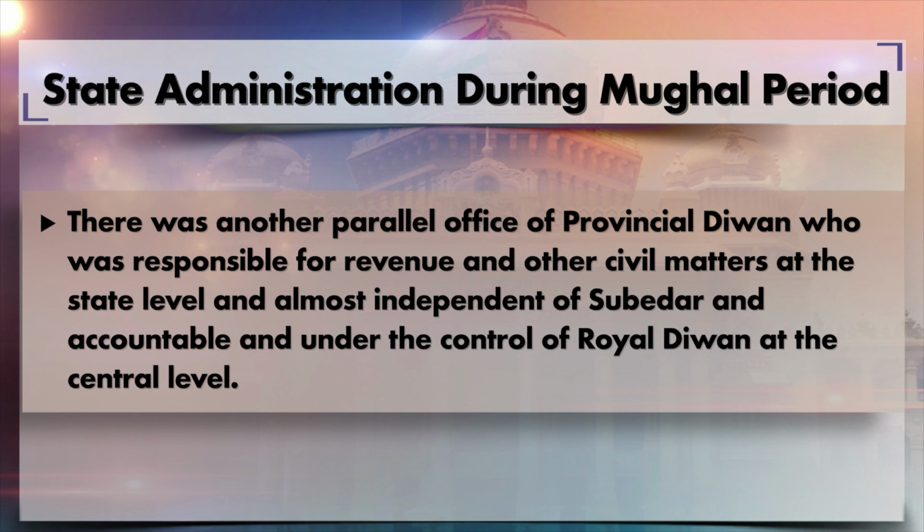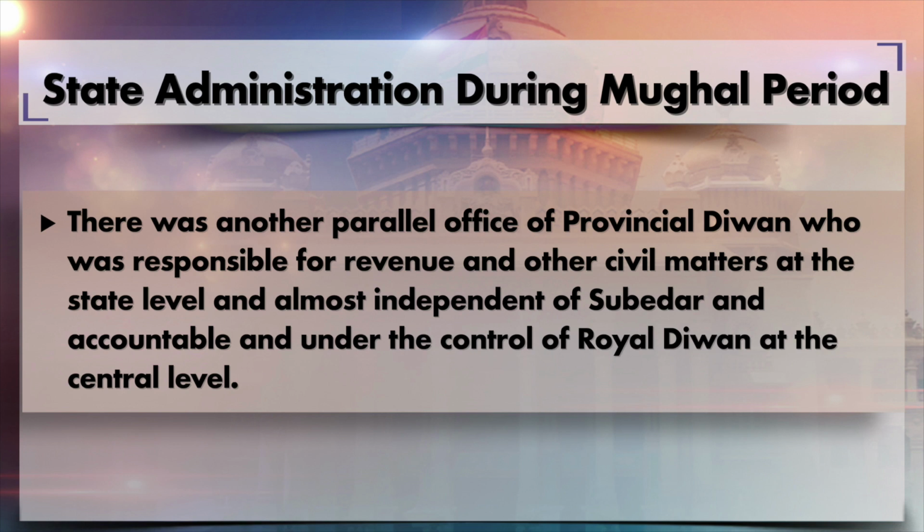They were under the control of the king, but the provincial diwan was appointed by the king and was responsible for tax collection and other civil matters at the provincial level. The provincial diwan was independent of the Subedar.